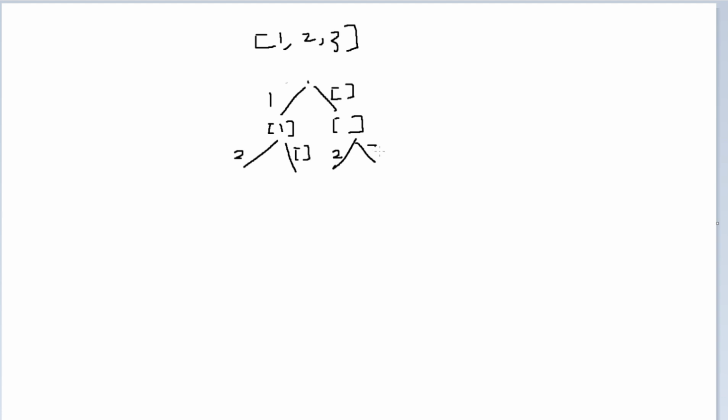If we choose to add 2, we will have 1, 2 in one subset. And for the empty one, we will have just the empty subset. And for the right-hand side, we will have a single 2 or an empty subset.